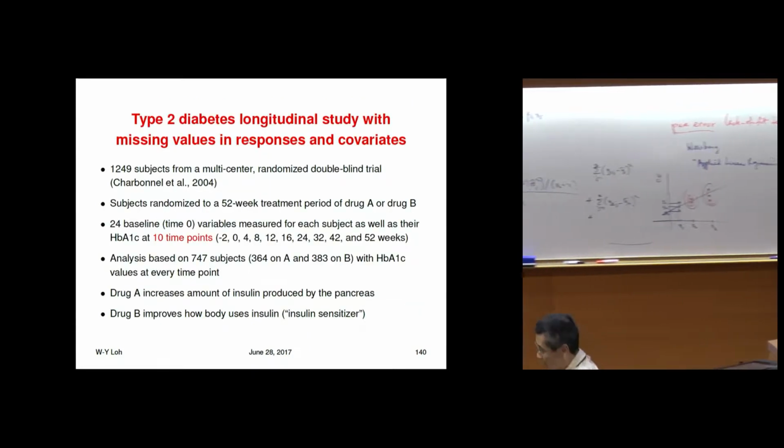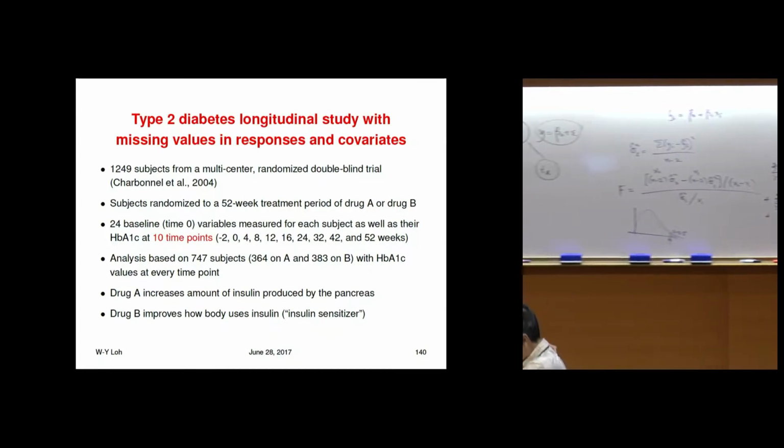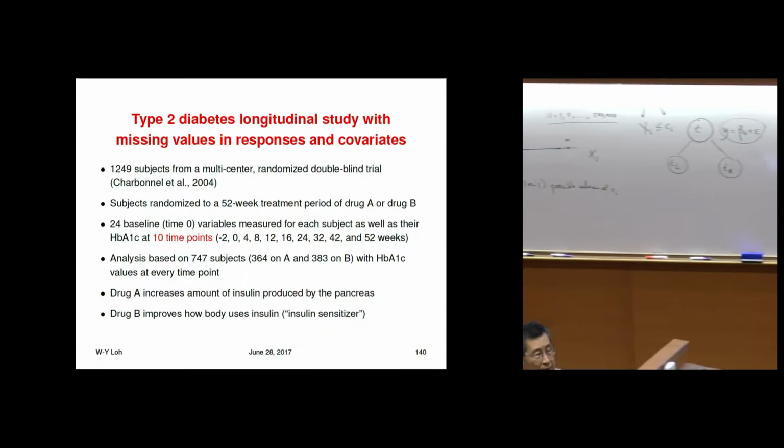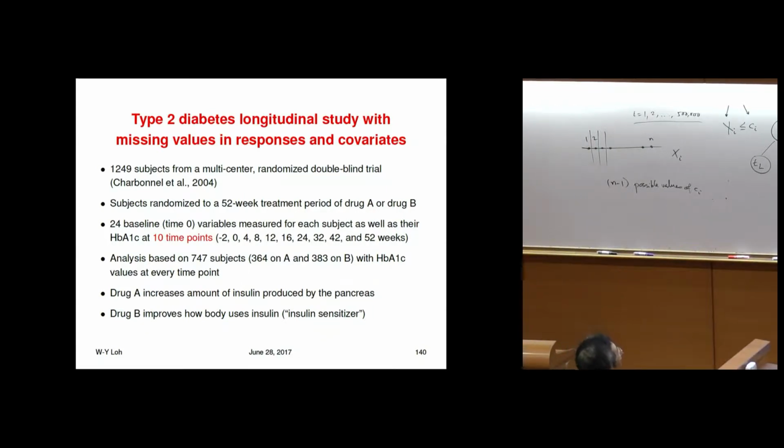So here's an example. This is a diabetes trial. These patients are randomized to 52 weeks of a treatment, drug A or drug B, and then they follow them up every 6 weeks or so. They first look at them 2 weeks before the start of the trial.